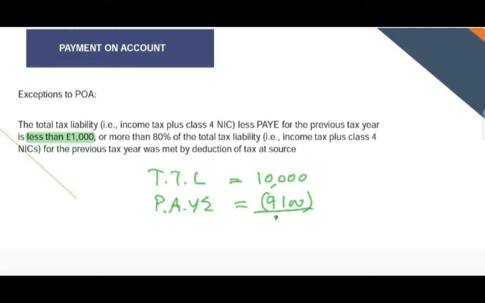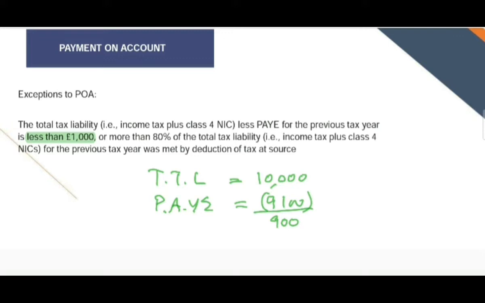It means less than 1000 is payable, so there is no payment on account required where the total tax liability less Pay As You Earn is less than 1000.